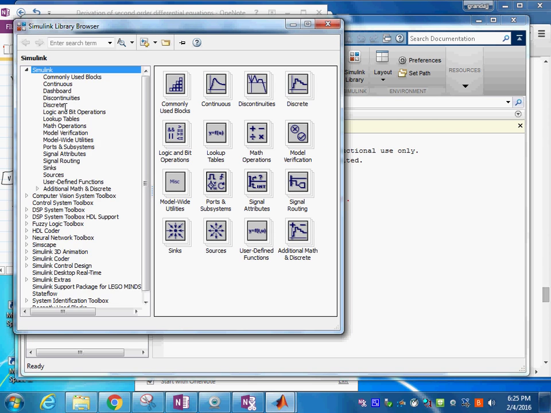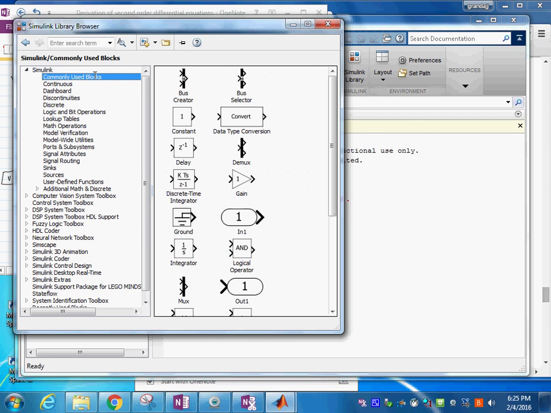There we go. Simulink came up and gave us this.